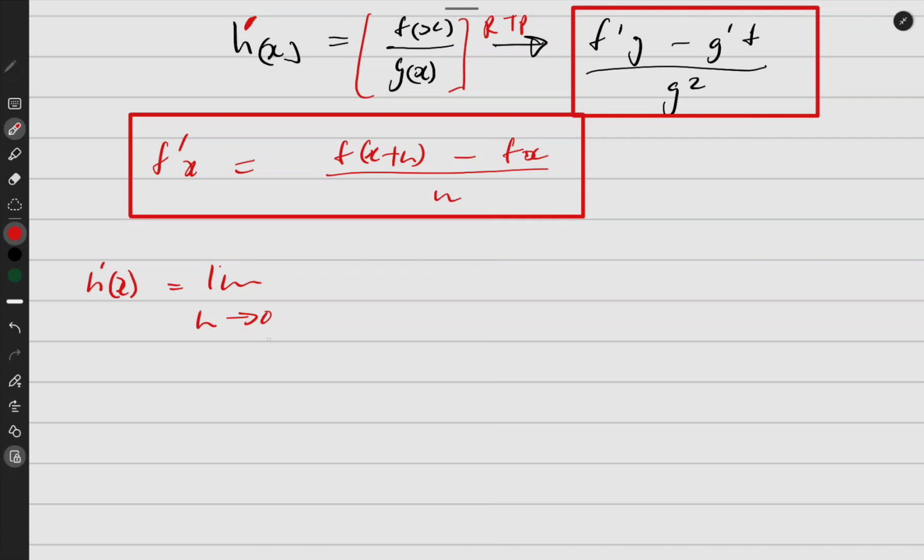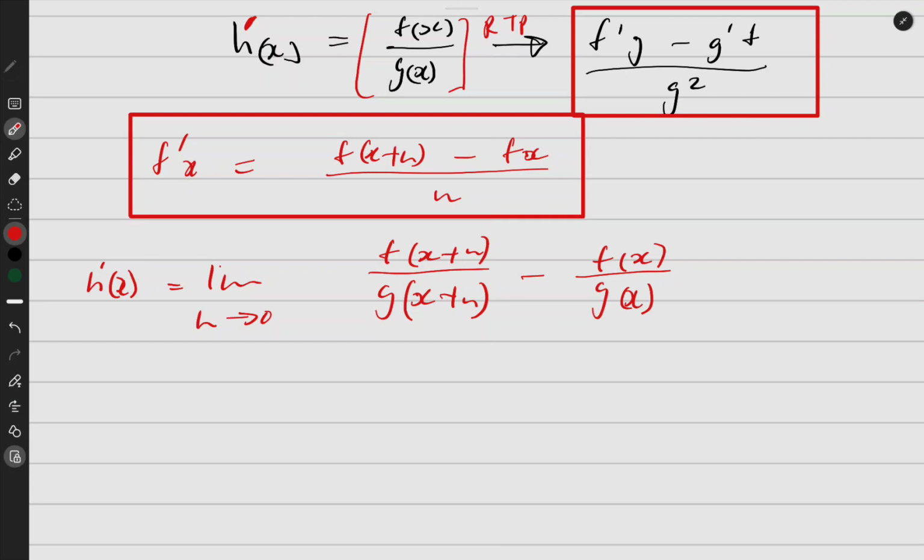Wherever there is x, we put x plus h, so it's going to be f of x plus h, and at the bottom also g of x plus h, minus the functions as they are, all over h.